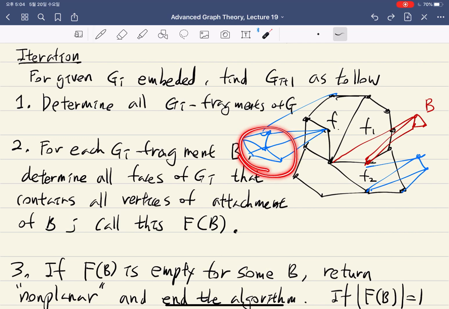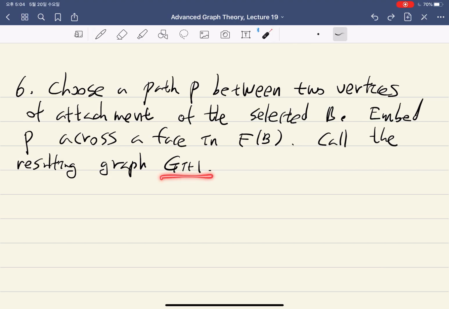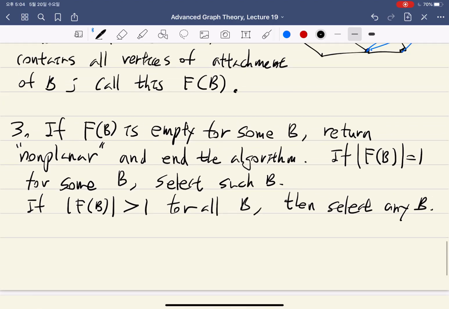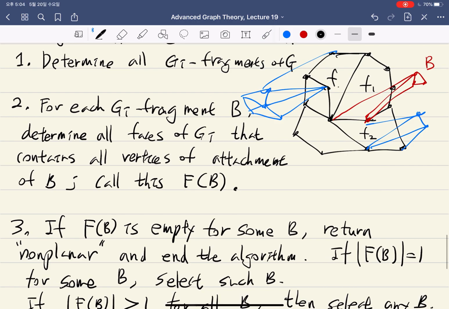And now this becomes a new fragment. But we have embedded more. So we'll call this new graph Gi plus 1. And we update the list of face boundaries. Wait, why did I write 6 here? 4, 3, 4, yep.